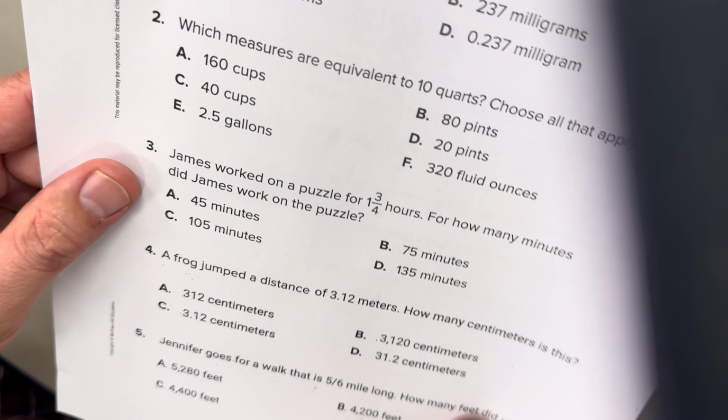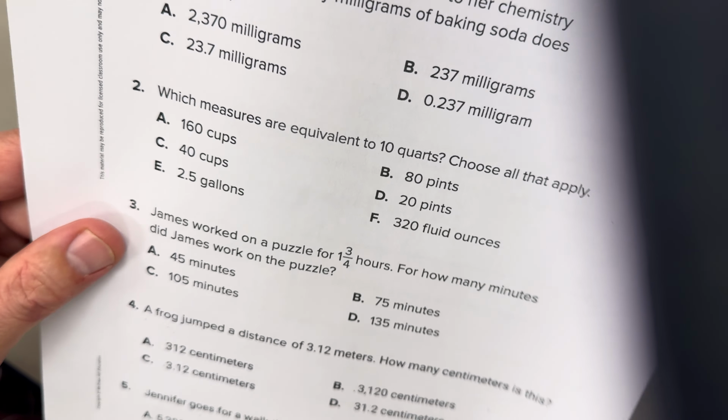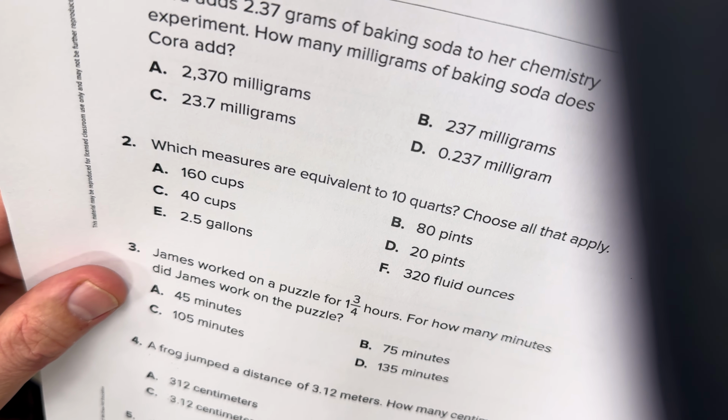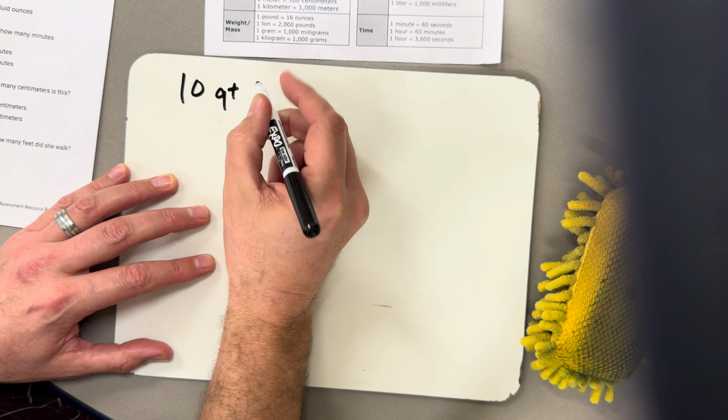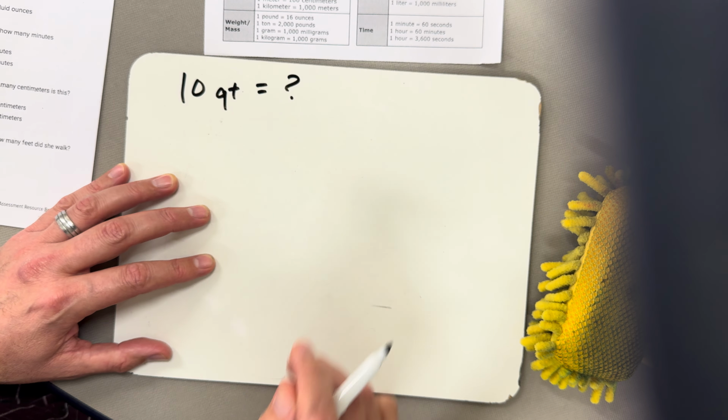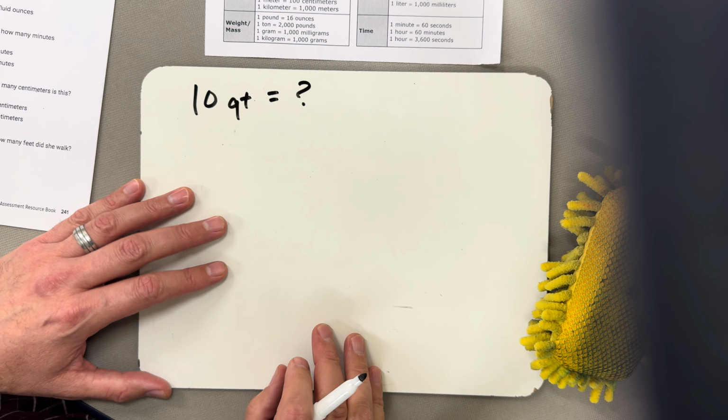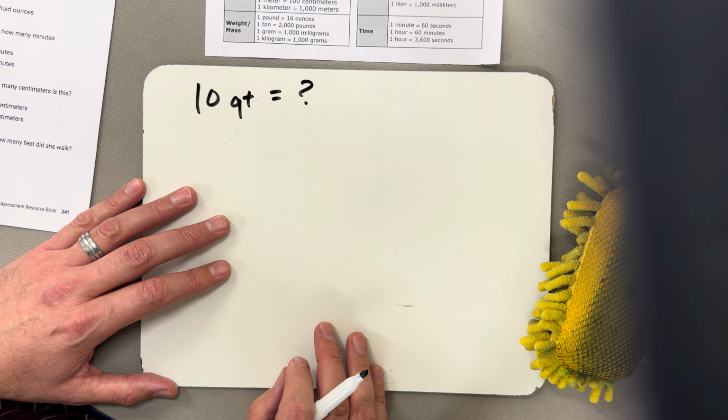Number 2, which measures are equivalent to 10 quarts? Choose all that apply. So that might take you a little bit, right? So I'm going to put up here, 10 quarts equals what? Just to get me started.